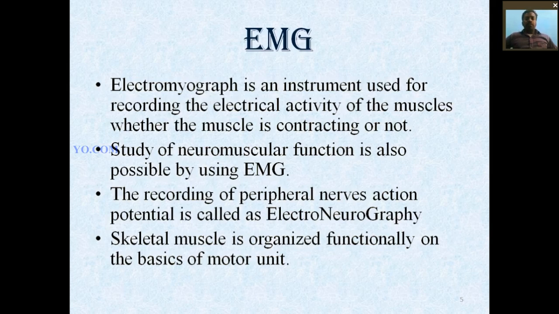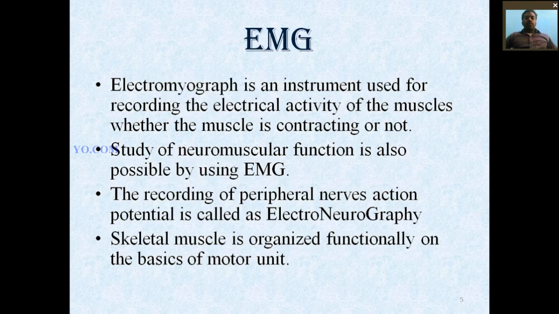EMG, the introduction. The electromyograph is an instrument used for recording the electrical activity of muscles, whether the muscle is contracting or not. Contracting means the muscle is working. Extending and contracting is the muscle activity.